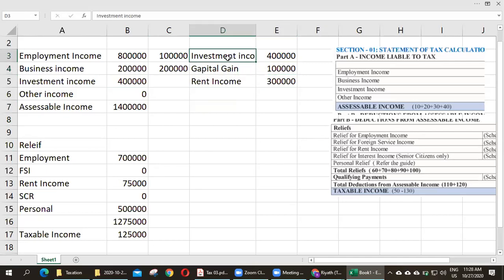So the investment income relief he has already taken. So the balance is this 200,000 business income plus this 100,000. Relief only 200,000 plus unclaimed employment income 100,000 equal 300,000.